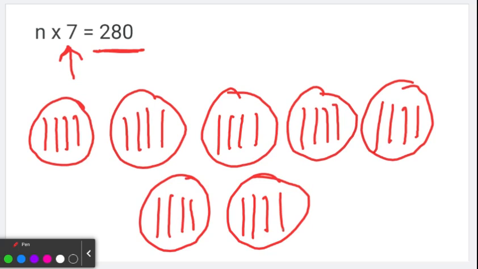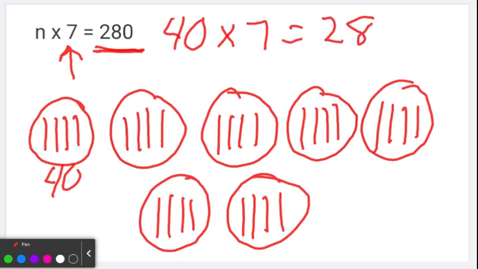Okay, so I got to my product of 280. Now I need to figure out how many are in each group. In each group, there are 4 tens, which makes 40. There's 40 in each group. So 40 times 7 equals 280, which means that n equals 40.